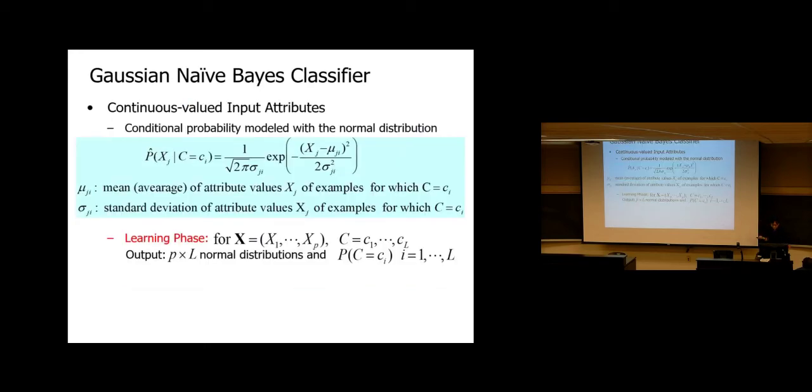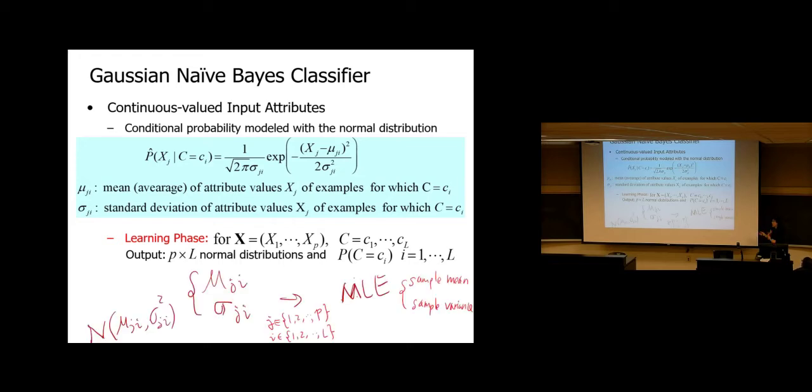Alright, so the same thing, you use the sample mean and sample variance, conditioned on a specific class Ci. That's really important. For each class, you estimate sample mean and sample variance, and that creates L different generative models.